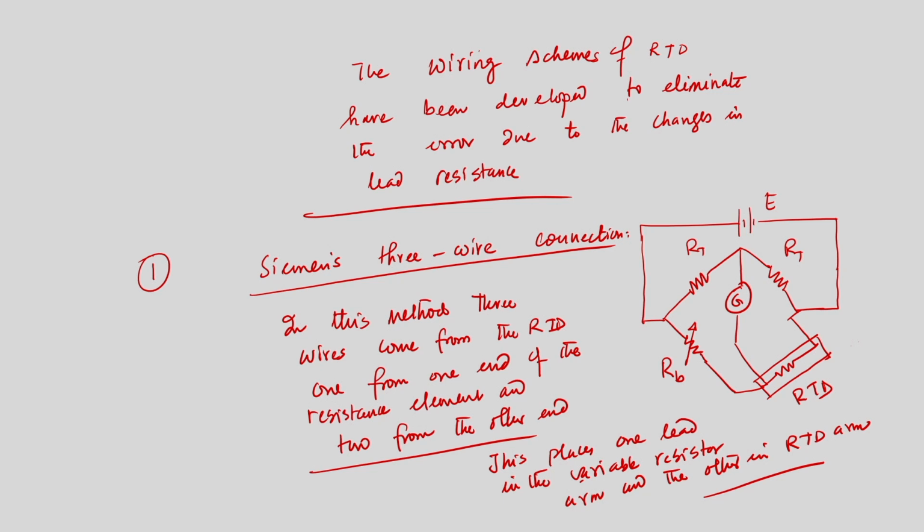So one lead is in the variable resistor arm and of course the other in the RTD arm.